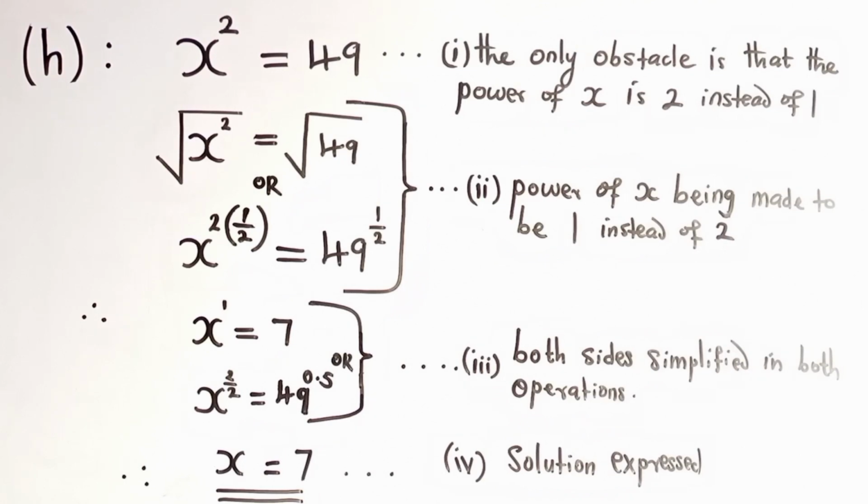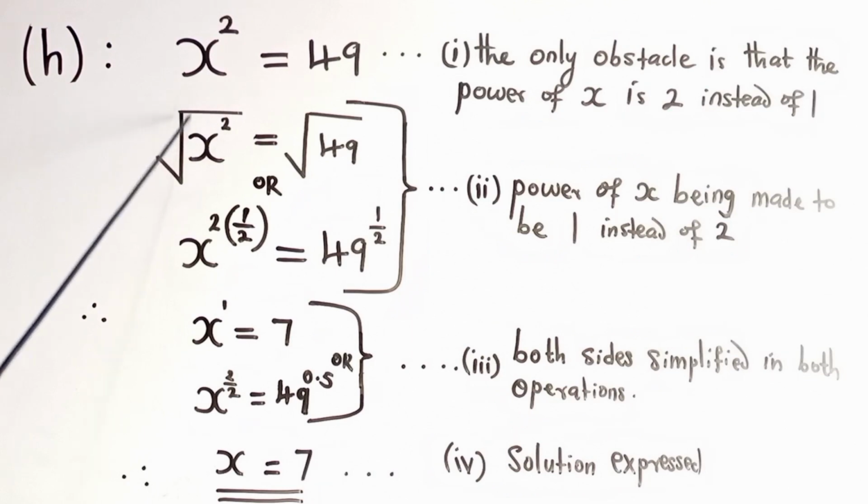Now, the first method of clearing powers from variables when they appear in an equation is to find the same degree root of that variable. Like I said earlier, because this is x raised to the power 2, it means that the power is of degree 2. That is second degree. That is why what I'm going to use here is square root. So watch me as I apply it here.